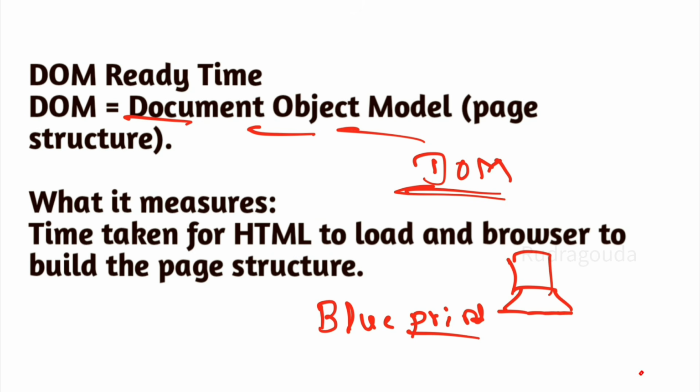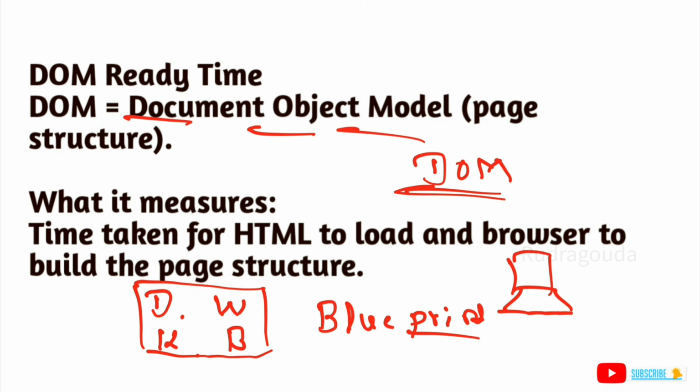In the blueprint it says the door should be here, the windows here, the kitchen in this particular corner, and the bedroom here. There should be a proper architecture given by the architect, and that we call a blueprint. In web technology, this particular blueprint we call the DOM, Document Object Model.